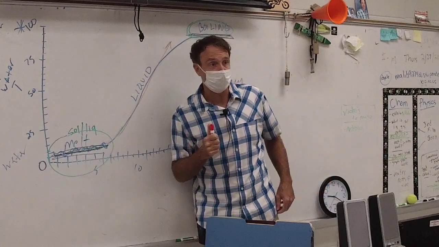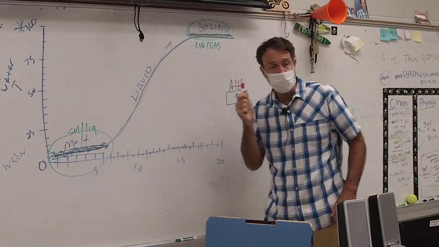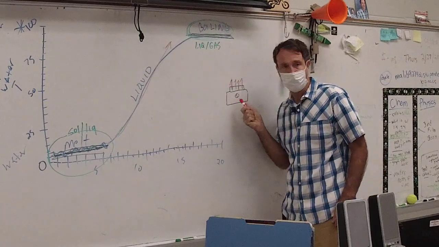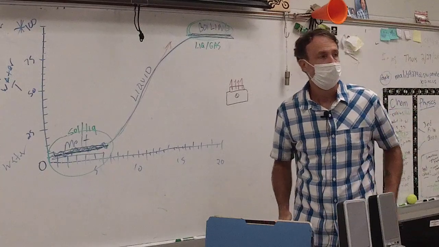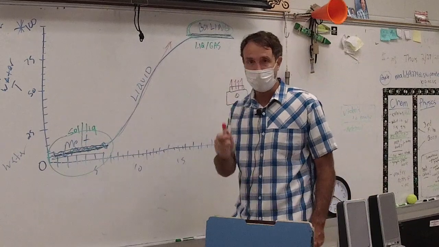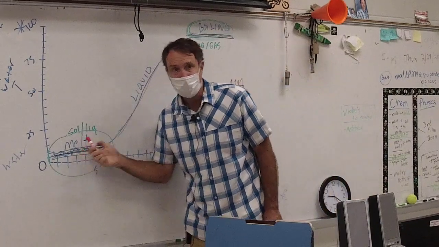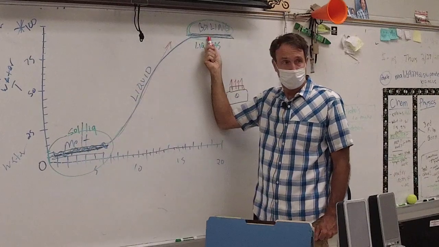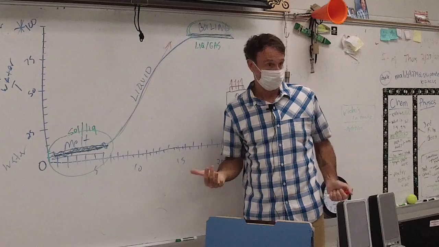It's changing phases, that's right. And what is required to change the phase of a substance? Energy. That's exactly right. So people, the melting and the boiling are processes that require energy.